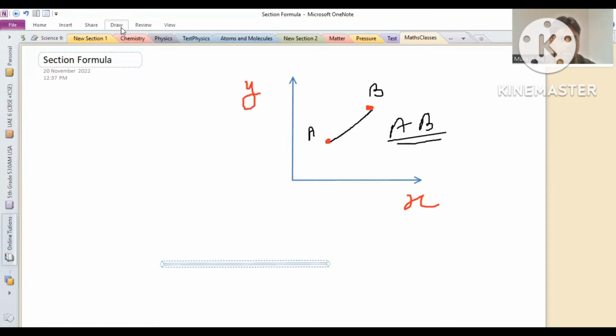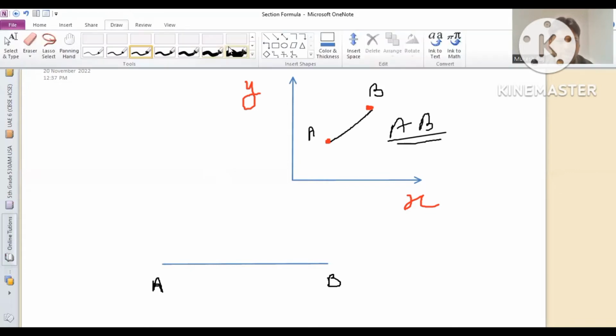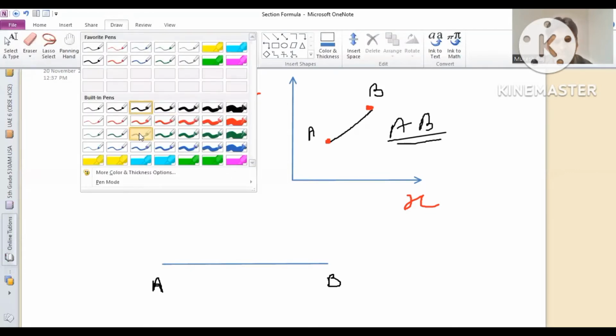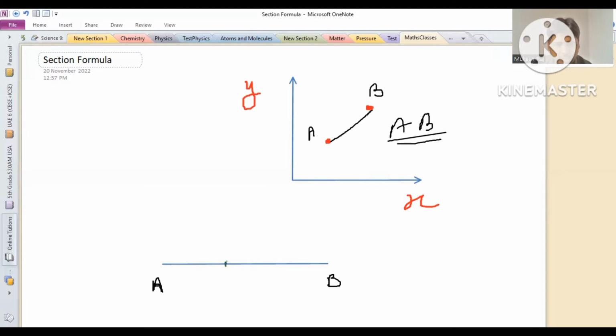Let us say we are having this particular line segment, A and B. This is the point A, and here at the other end we are having the point B. Now friends, please listen, these topics are of great importance from the exam point of view, but nothing to worry, we will definitely go through it and crack the exams with much more ease. Only thing is that you should go through the video and try to solve as many problems as you can.